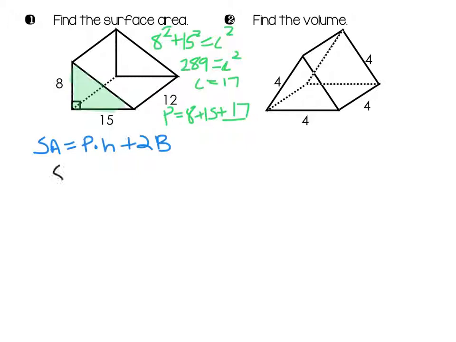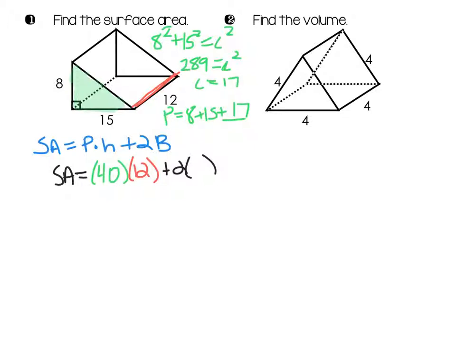So in my formula, surface area equals perimeter, and my perimeter is 8 plus 15 plus 17, which is 40. Then my height is what I haven't used yet, which is 12, plus 2 times my area of my base.